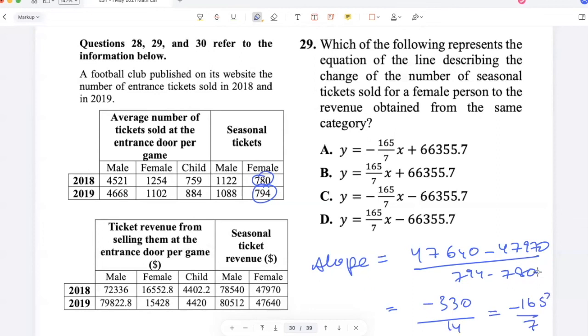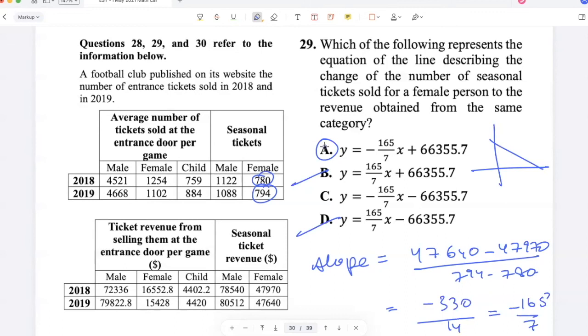So the slope is negative. So these two get cancelled. And yeah, it would obviously have to be a positive y-intercept, right? Because the graph will look like this. It can't really start from negative territory because we are looking at seasonal tickets revenue. So it should be A. Let's just verify.